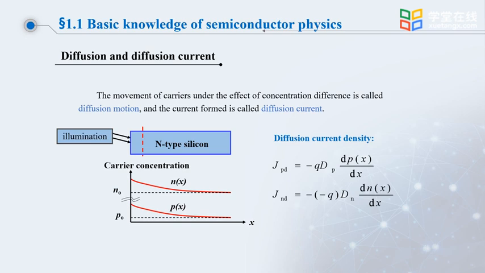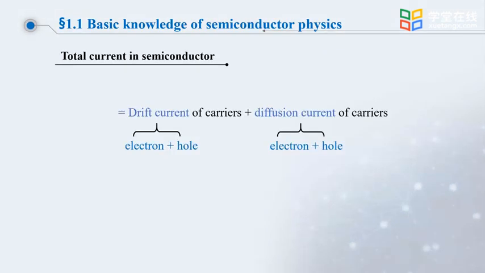Under the action of the concentration difference, the carriers do a directional movement. The current formed by this directional movement we call the diffusion current. It is unique to semiconductors. Thus, the total current in a semiconductor is equal to the sum of the drift current and the diffusion current. Okay, this is the basic knowledge of semiconductor physics that we have introduced.